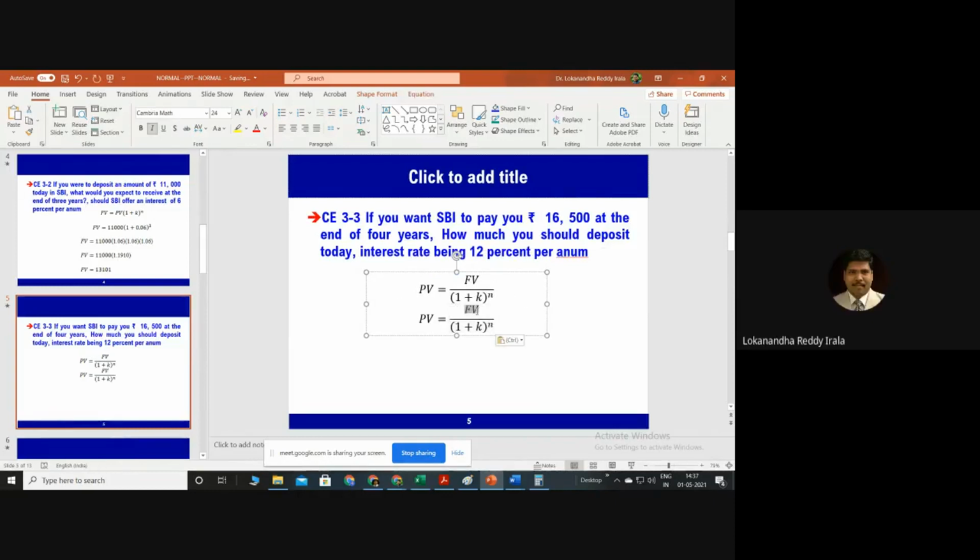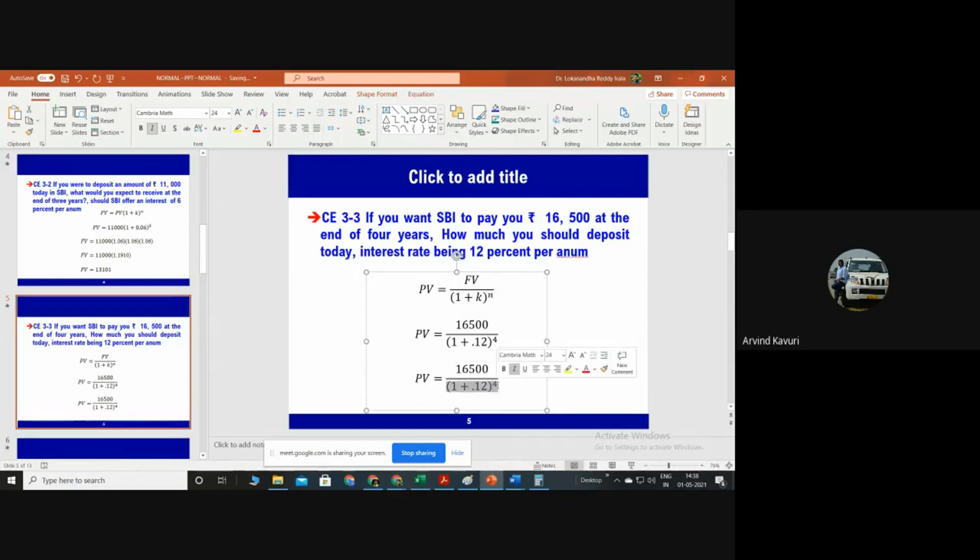So 16,500 divided by 1 plus 0.12, sorry, 0.12 whole to the power of 4, this actually means 1.12.